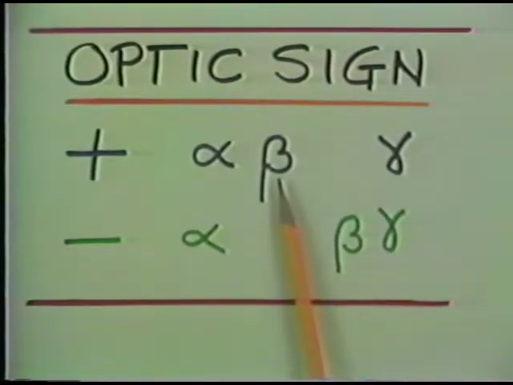That is, the sign depends on the relative spacing of these three refractive indices. If beta is closer to alpha than to gamma, then the mineral by definition is positive. If the beta index is closer to gamma than it is to alpha, then the mineral is defined as having a negative optic sign. This is the sign convention for biaxial minerals.